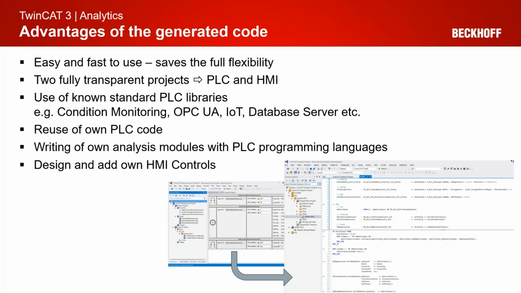But of course, you can also go into the HMI project and just change some colors or some positions of the controls, or add completely own things, new pages, or an own navigation control.